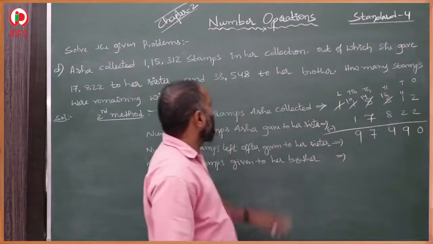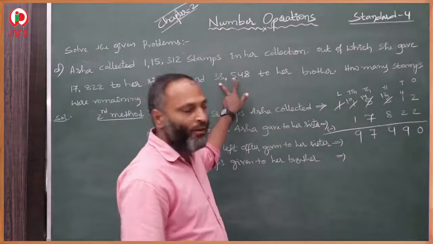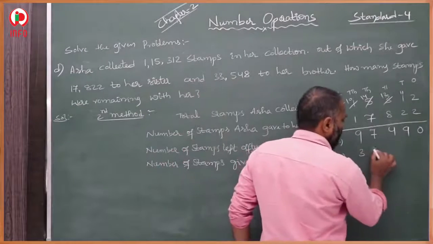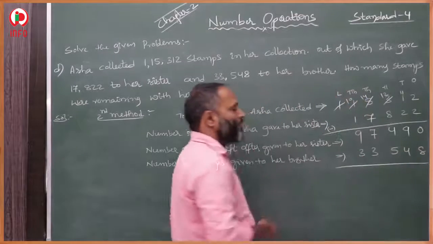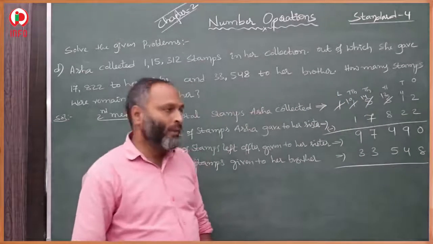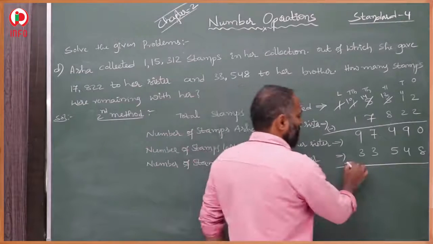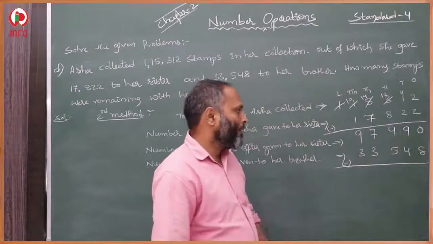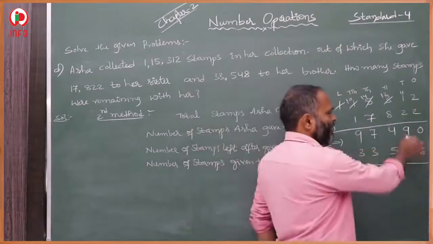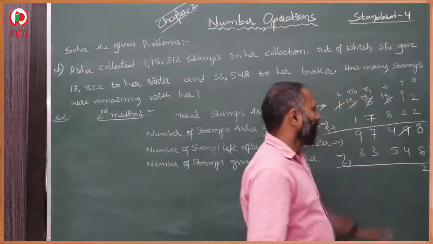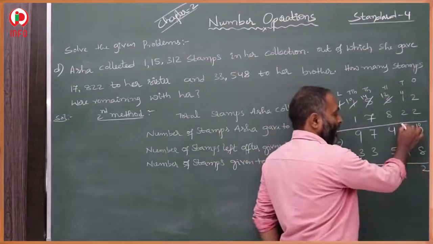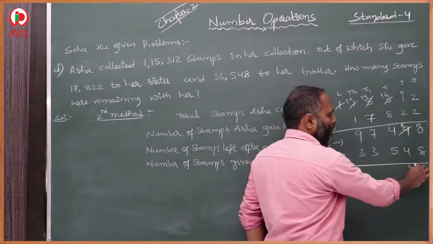How many stamps? 33,548. This many stamps she gave to her brother. Again, this many stamps given means minus. Then 8, this is a smaller number. Then borrow 10. 10 minus 8 is 2. Here we get 4, 5, 8. 8 minus 4 is 4.